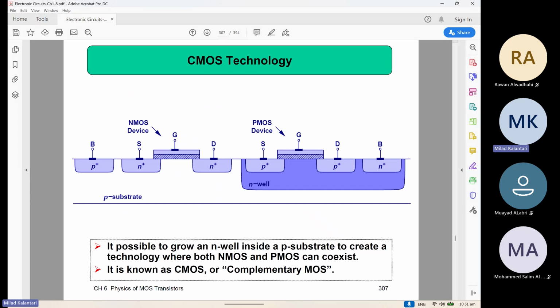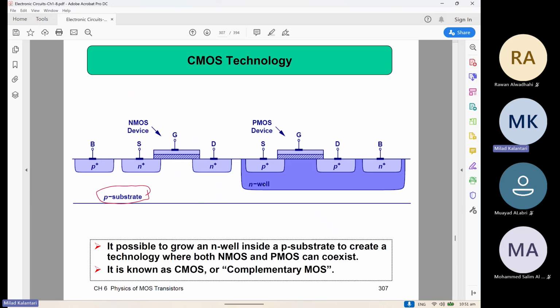Complementary means we have both types, NMOS and PMOS, together on the same wafer. When you are manufacturing the devices, basically what you have is a P-type substrate initially, and since it is P-sub, you can build the NMOS device on top of it, right? Because the NMOS needs a P-sub.